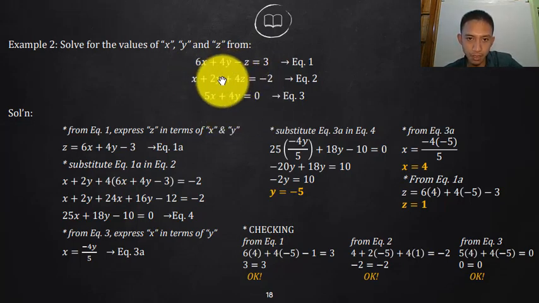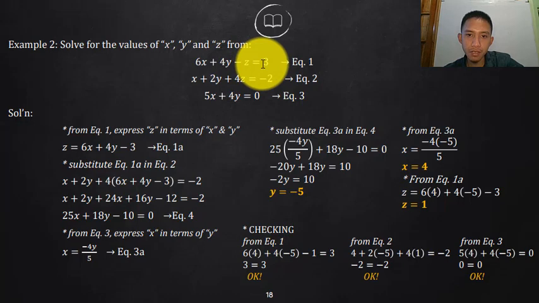But let's say I will make use of equation 1. Why? Because z is there, separated. You can also make use of equation 2 here. But again, the reason why I am choosing equation 1 is that if I separate z and substitute that in equation 2, then z will be out of the system already.